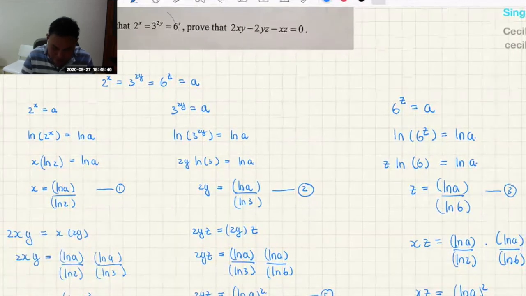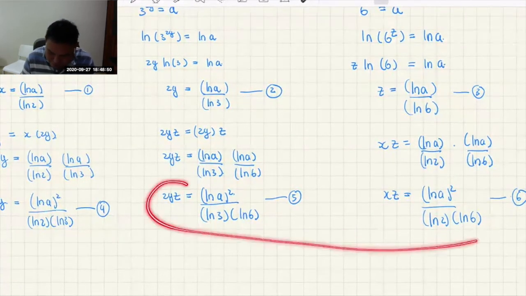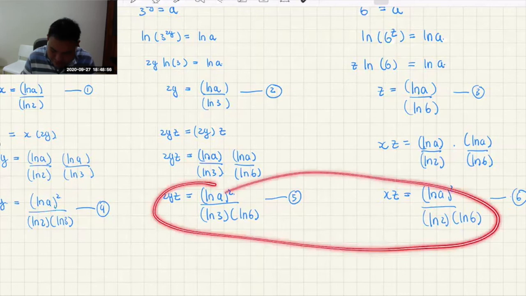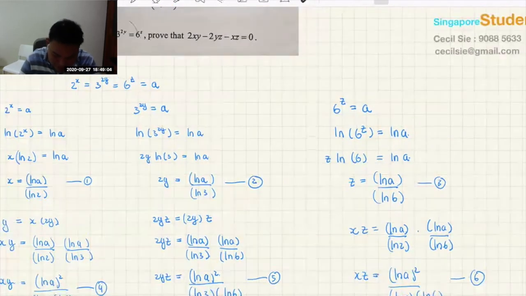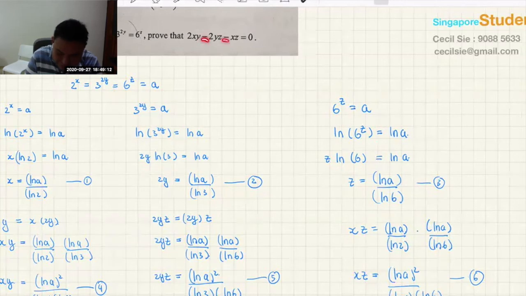We are going to combine these two together. We try to make it into a common denominator and combine. You know why? Because 2yz and xz both have a negative sign.